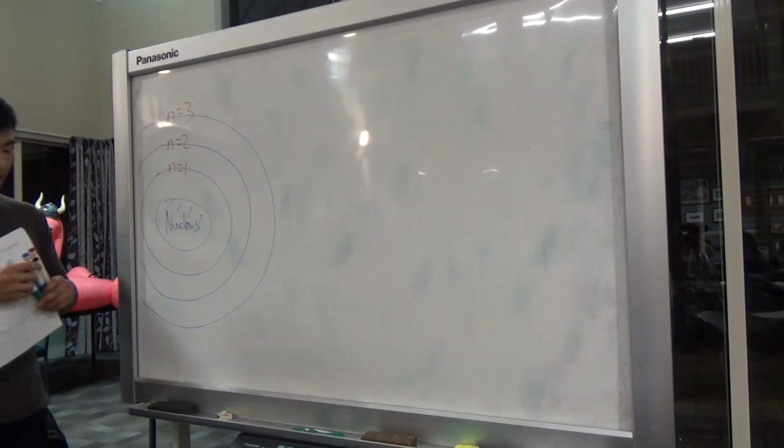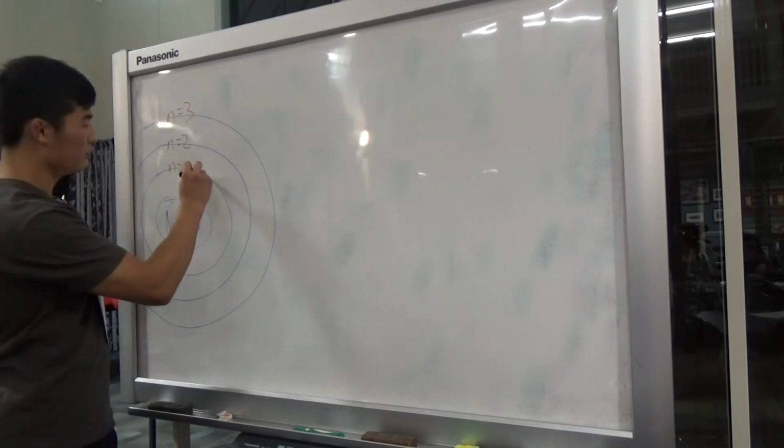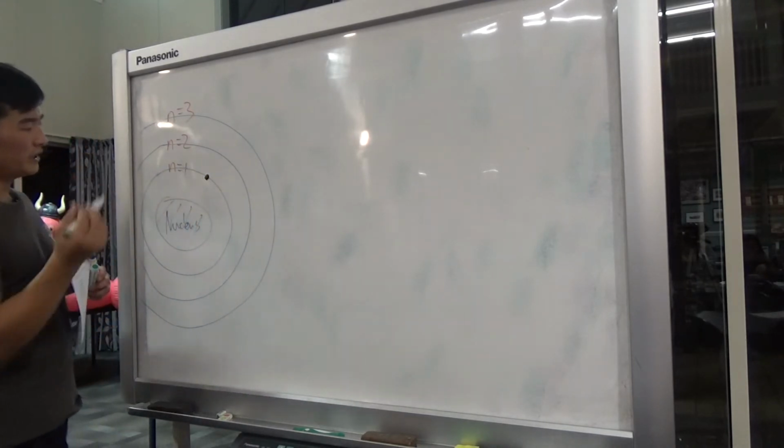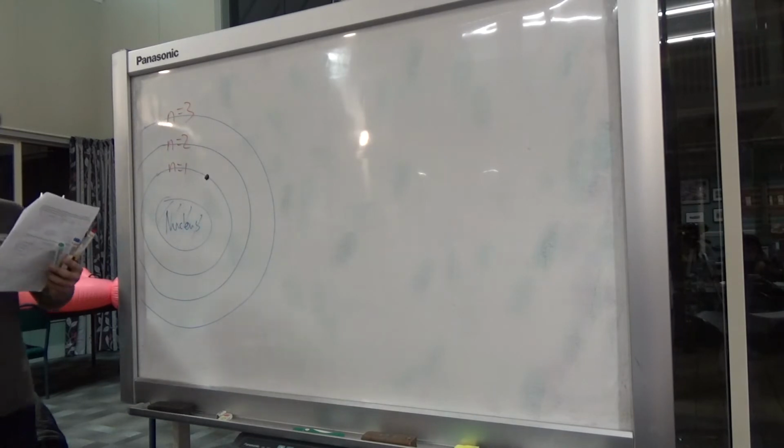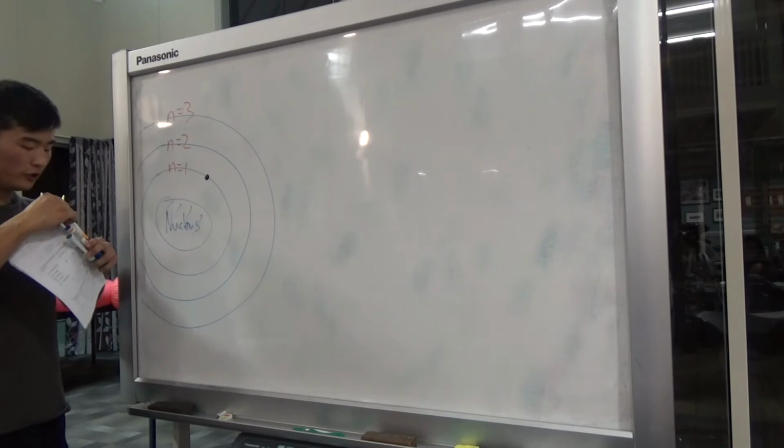So our electron starts off in the ground state, so initial n, ni, is equal to 1, and then it absorbs a photon.